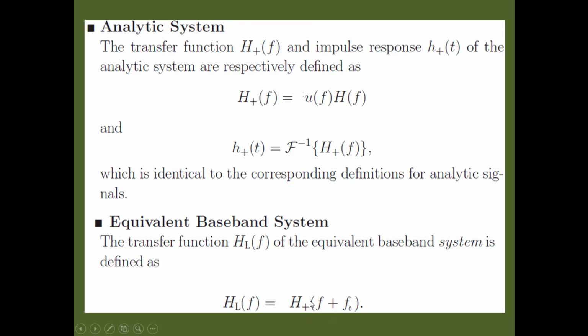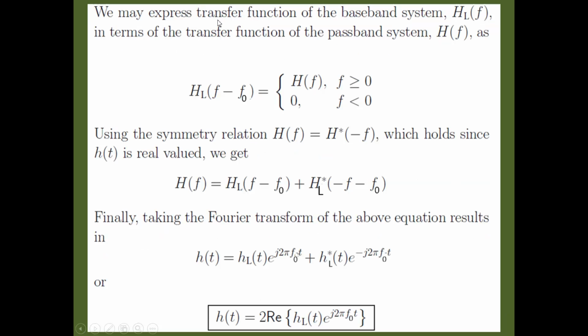We shift the band pass system to a low frequency signal with this process, which is H plus of f plus f0. So this is the shifting by how much frequency? f naught. Now we want to express the transfer function of the baseband system, which is H l f, in terms of the transfer function of the passband system, which is H f.